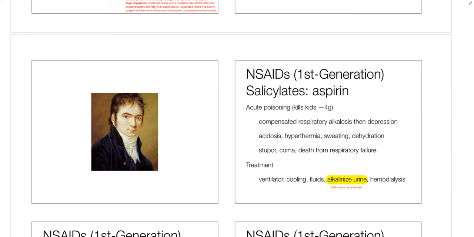If we make the urine artificially very alkaline, it'll go there and become ionized, which will make it impossible for it to be reabsorbed out of the urinary tubules. It'll be trapped in there and flushed out. It's a quicker, better way to get it out of the system. And then we also can consider hemodialysis if it's a really bad poisoning.